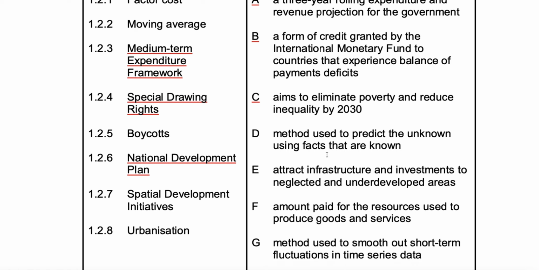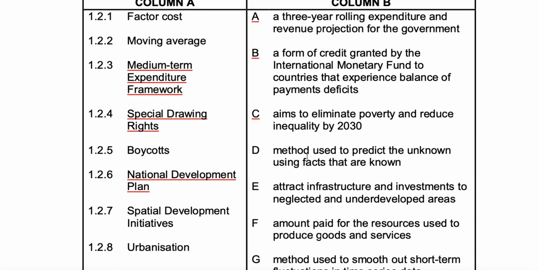Number 6 is answered. A method used to predict the unknown using facts that are known. Well, this is extrapolation. You come here, there is no extrapolation. Well, this is our distractor. What links to this is moving average, basically, because both extrapolation and moving average are tools that can be used to forecast.